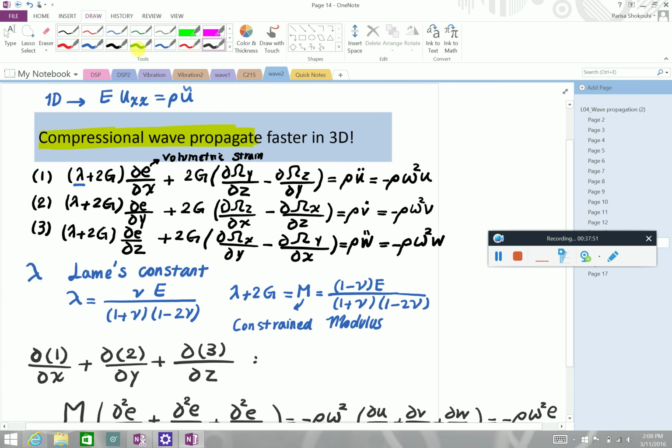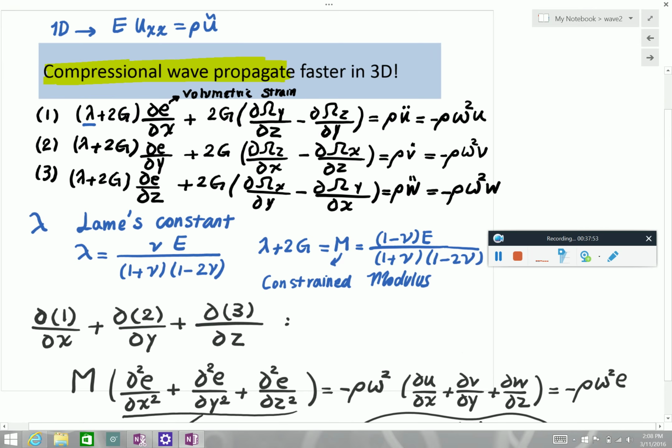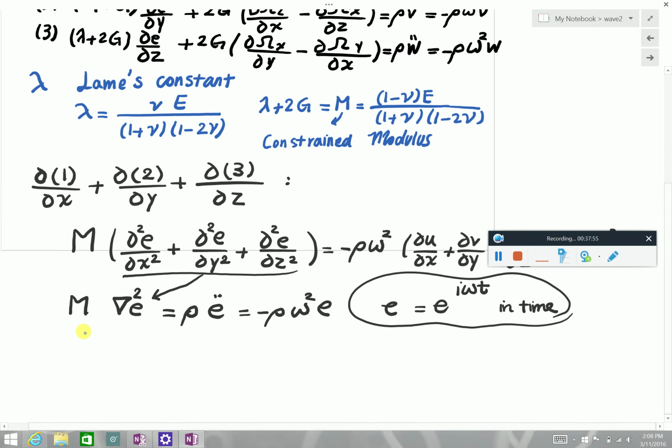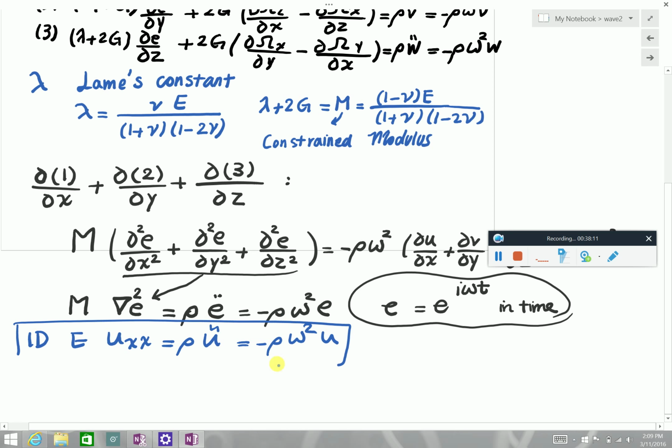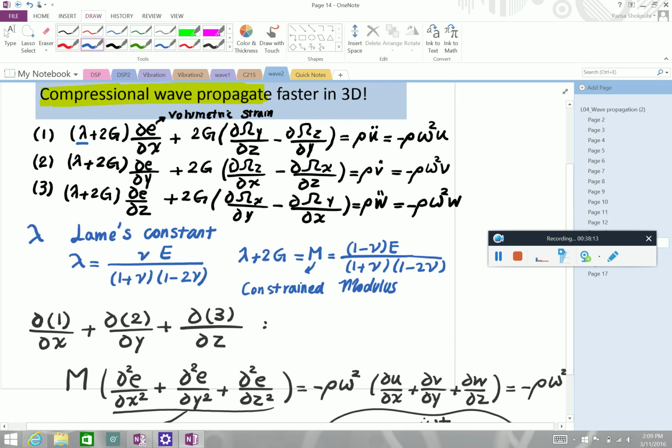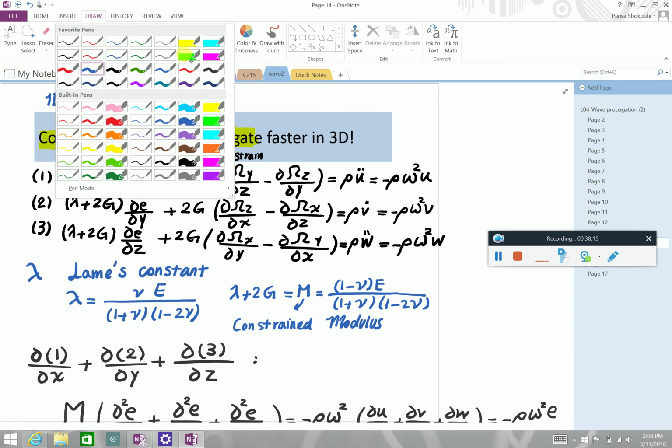If you recall, we had E times the second derivative equal to rho u double dot, which is also like that. So this is one-dimensional, and we have a similar equation in 3 dimensions.